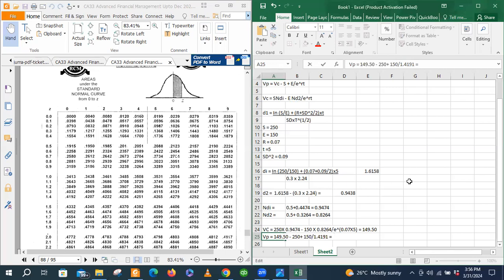So do we have the VP? For clarity, I can put this one in brackets. I use board mass. Still okay, all the answers will just be the same. Better to put it in brackets.